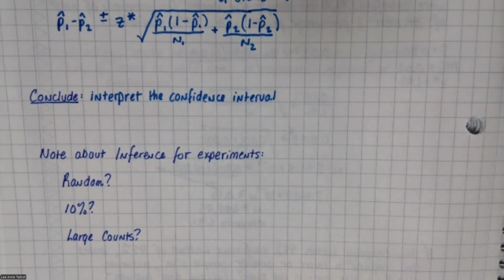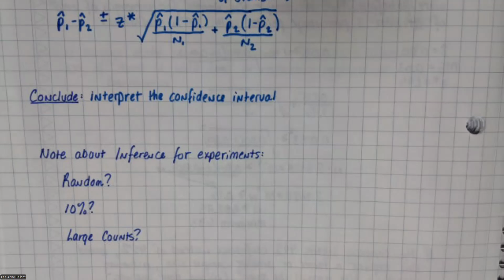Sometimes when you do an experiment, at the end of the experiment, you'll have a starting proportion and an ending proportion, and you'll subtract. And that's where you'll find a lot of the confidence intervals that you'll do in this section. The conditions are a little different when you have an experiment because there's no random sampling.